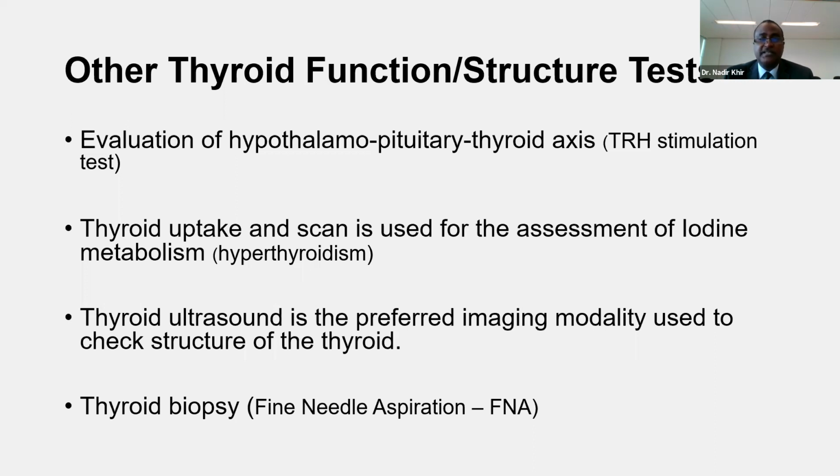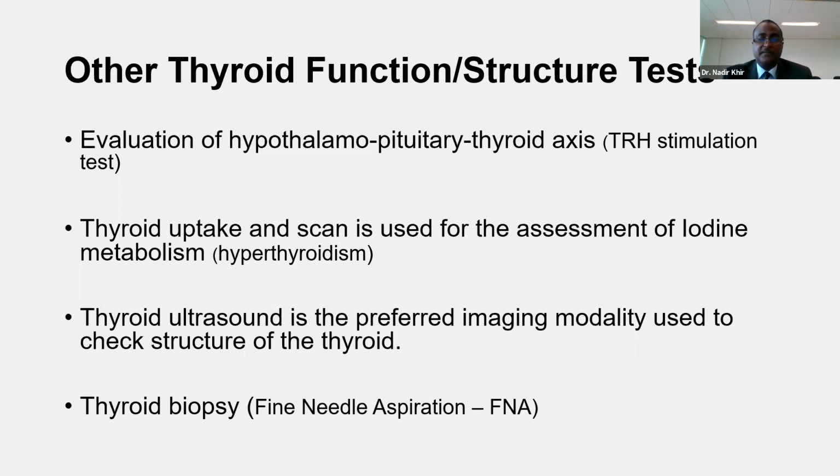But in general, this is a very important thyroid function test that's not done using a blood sample. Also, for the structure of the thyroid, sometimes we need to do a thyroid ultrasound, and it is the preferred imaging modality to check the structure of the thyroid if you are questioning thyroid nodules or goiter or any enlargement of the thyroid.